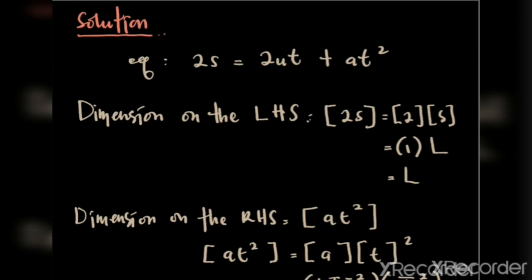First, on the left hand side, we have 2s. We separate the dimension of 2 times the dimension of s, displacement. For any constant value, the dimension is equal to 1, and the dimension for displacement is L. Therefore, the dimension on the left hand side is L.